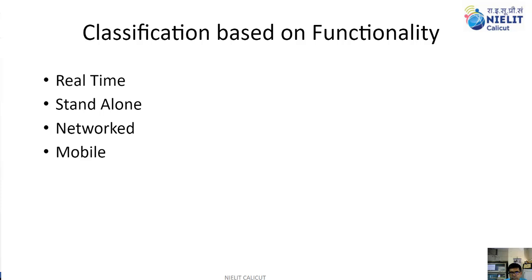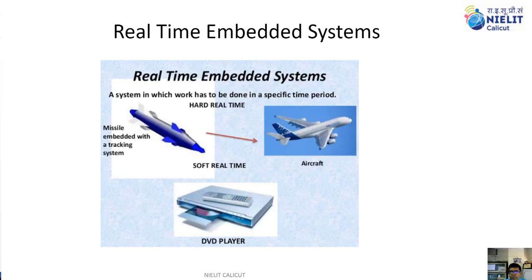And coming to the first four categories: real time, standalone, networked, and mobile. The real time system is one where the work has to be done within a specific time bound or time period. Basically, real time embedded systems are classified into hard real time and soft real time systems. For avionics kinds of applications, where the response time should be really perfect, or similarly the missile tracking system, etc., the timing constraint is really high in these scenarios.